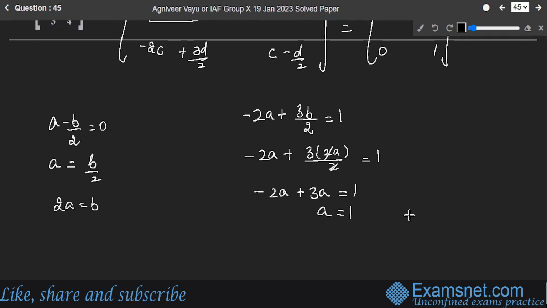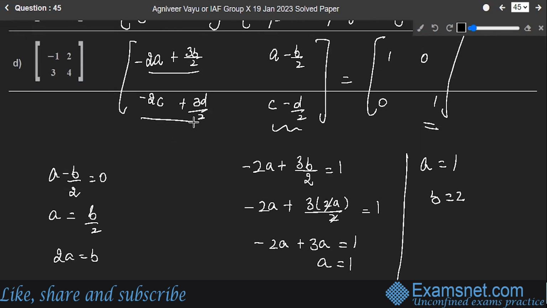And if A is equal to 1, what will be B? If A is equal to 1, B will be equal to 2. Okay, we got the value for A as 1 and B as 2. Next is (C - D)/2 is equal to 1.